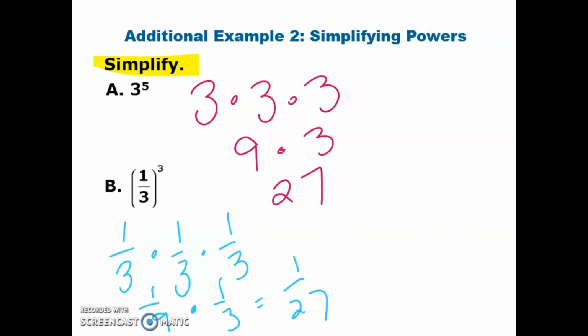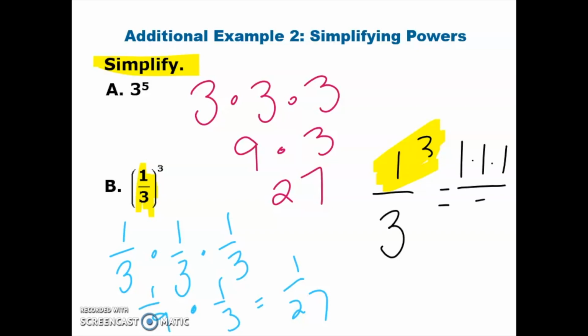Now I do want to point out those parentheses again. So notice how we had the fraction inside parentheses. That is important. If the parentheses had not been there, if it had said 1/3 to the third power, then that would mean the exponent only applied to the 1. So that would be the same as in our numerator, 1 times 1 times 1 over 3, which is a very different answer.